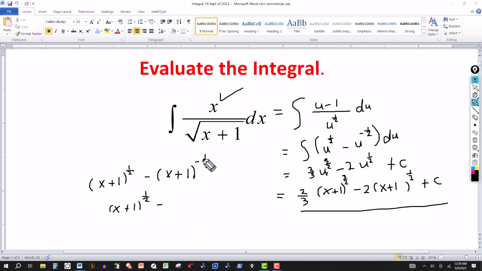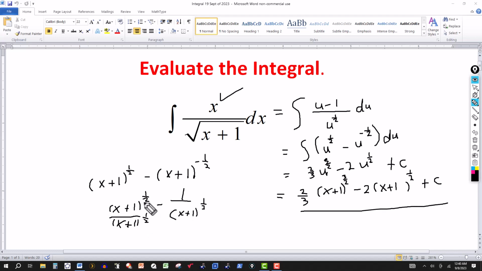Instead of x plus 1 to the negative 1/2, I'll bring that to the denominator. So this will be 1 over x plus 1 to the 1/2. And then I want to combine this, so I'm going to get a common denominator here by multiplying over here by x plus 1 to the 1/2.